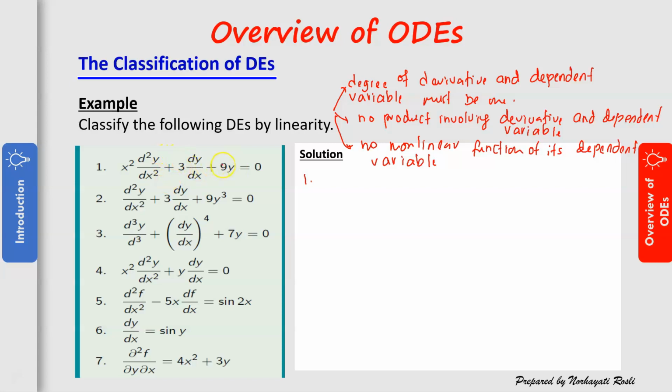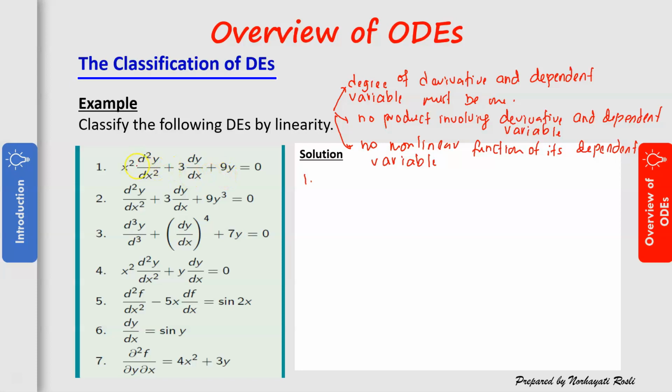Degree refers to the power of the derivative and dependent variable. And then we see here, no product involving derivative and dependent variable. This means there is no y times dy dx, for example. No y times second derivative of y with respect to x, for example.